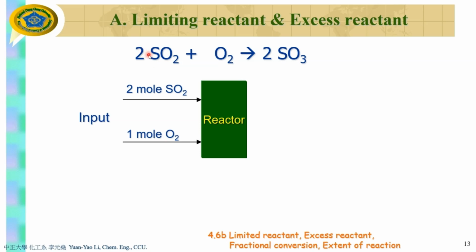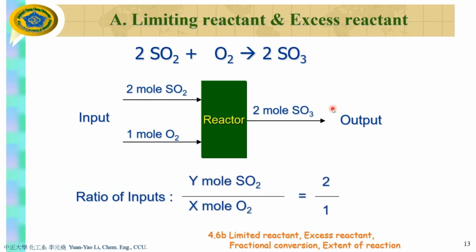If you have 2 moles of SO2, obviously it requires 1 mole of oxygen. And as a result, 2 moles of the SO3 come out from the reactor. Right. So the ratio of the input will be 2 to 1.